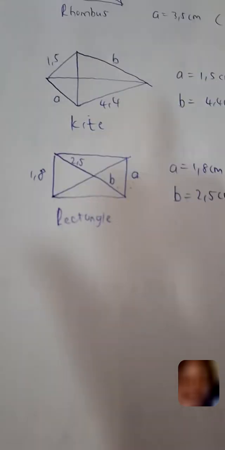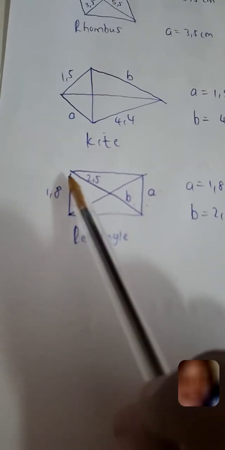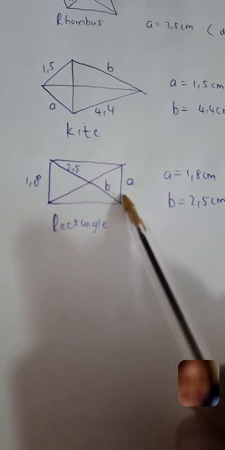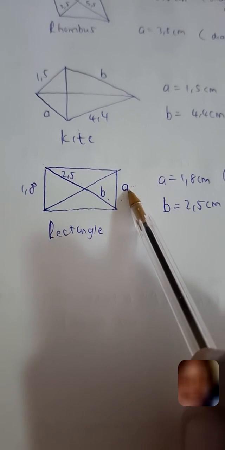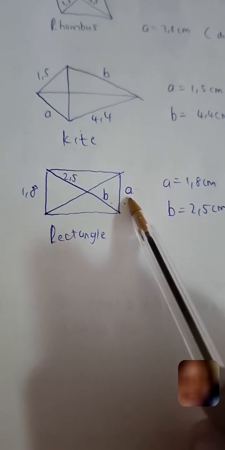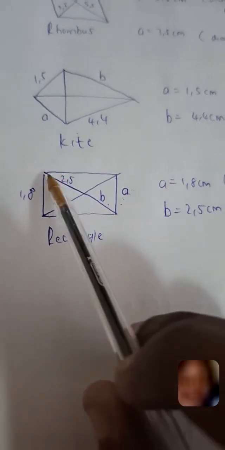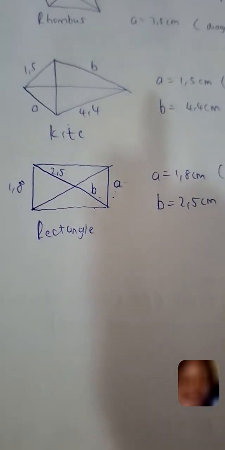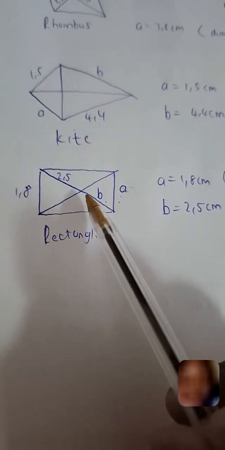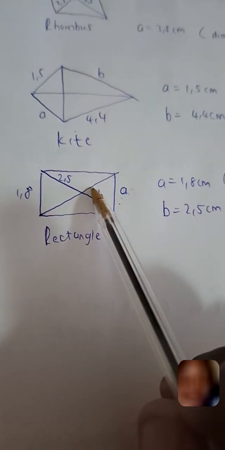Okay. All right. So this is very important that we know that 1.8 and A are opposite sides. They are of which shape? It's a rectangle. What do I know about the opposite sides of a rectangle? They are equal. Then with diagonals, what do we know? Diagonals of a rectangle also bisect each other, which is very important.